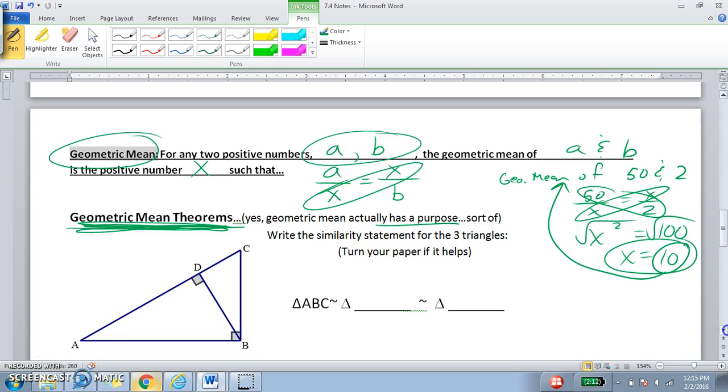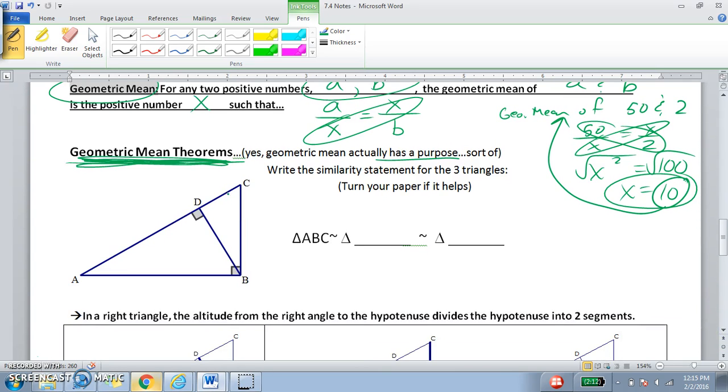So write the similarity statement for these three triangles. Again, let's just make it simple numbers. So 40, 90, and 50 all add up to 180. So if this is 90, we'll call this 40 and this 90. This would be 50. This would be 40, just like we did for the original triangle with the 32 and the 58. So if I match this up, ABC is the big triangle.